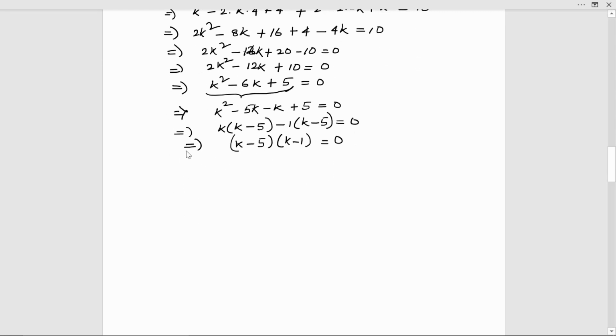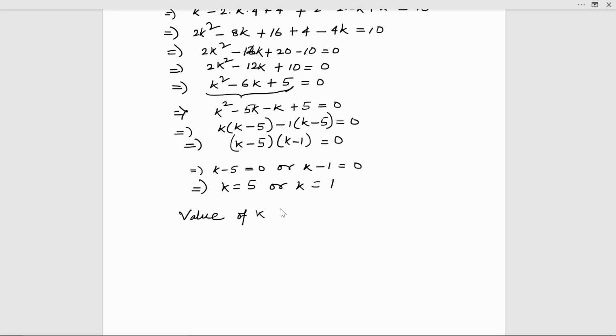So this gives me two values of k. One is k minus 5 is equal to 0, or k minus 1 equal to 0, which implies that k is equal to 5 or k equal to 1. So the values of k required in this particular problem are 5 and 1.